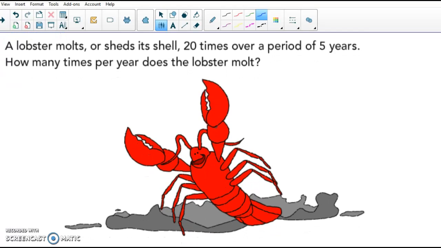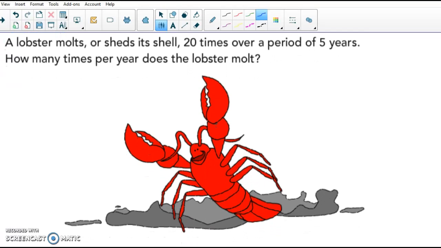So let's check out our lobster friend. He is molting, or shedding his shell, 20 times over a period of 5 years. We want to know how many times per year he molts, so we're going to write it as a rate. 20 times for 5 years.